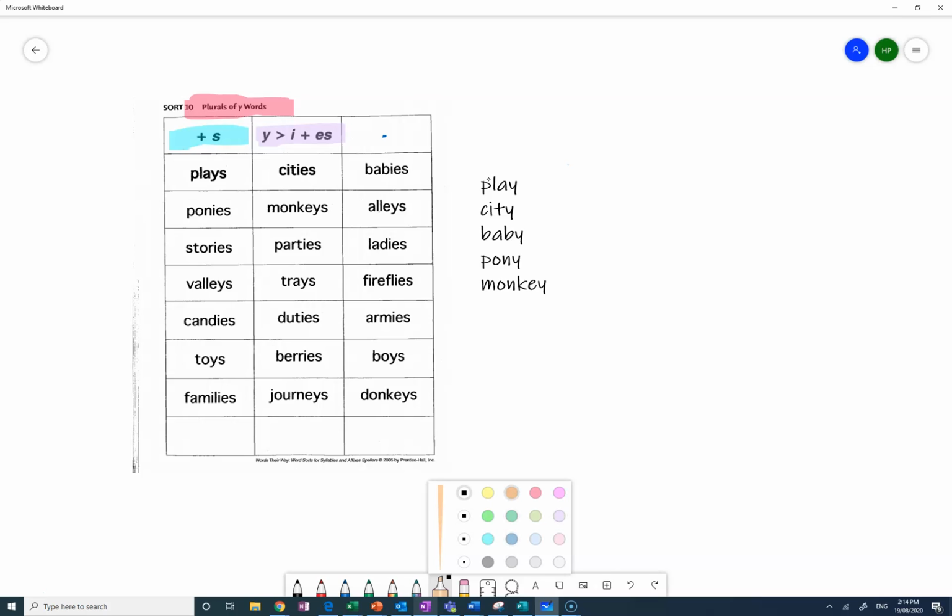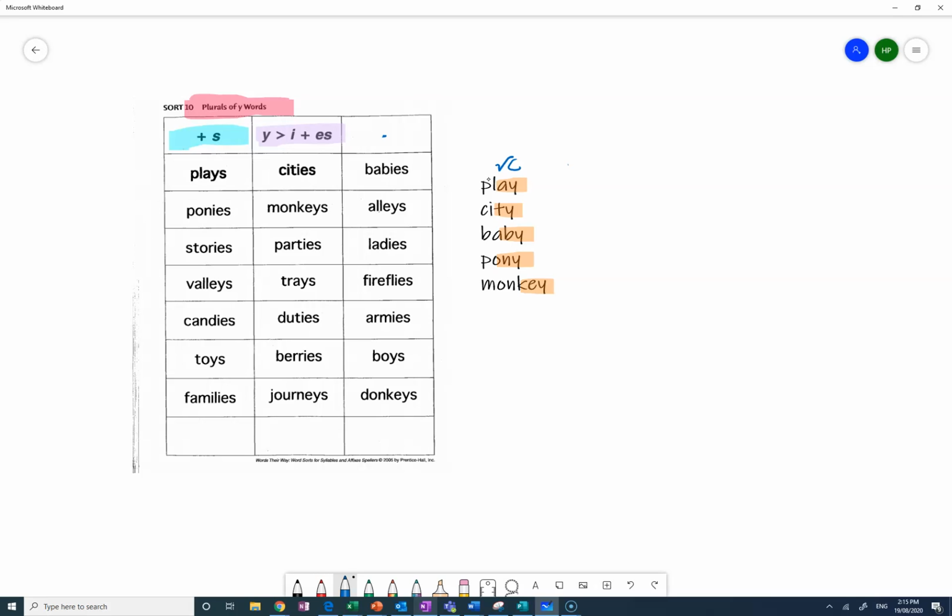I'm going to use orange here. I want you to go and highlight the last two letters in each of your words, just like this. Now, looking at the word play, we have what two types of letters, a consonant or a vowel? You would be correct if you said we had a vowel and then a consonant.